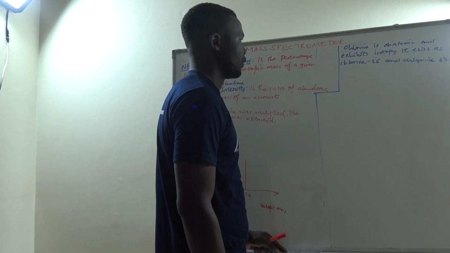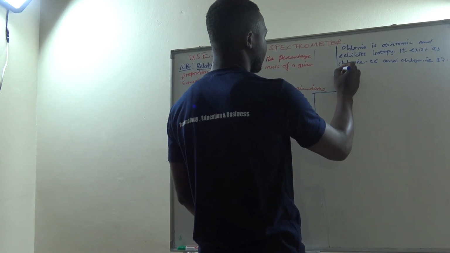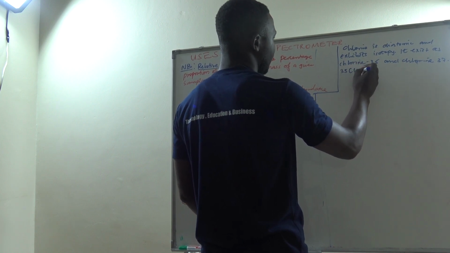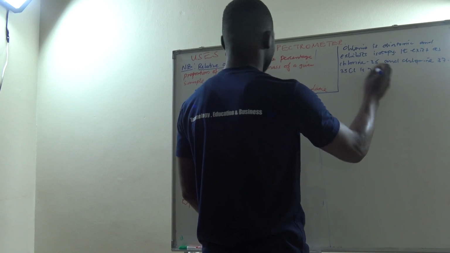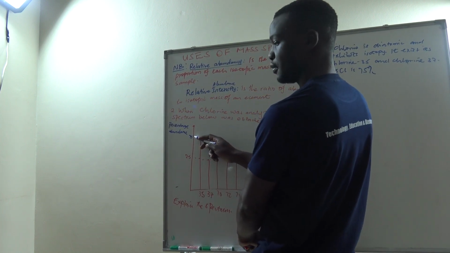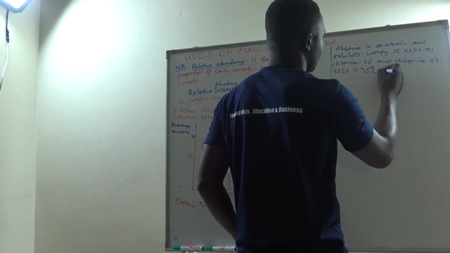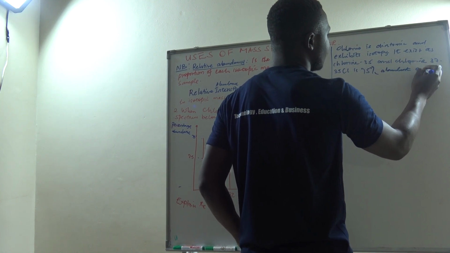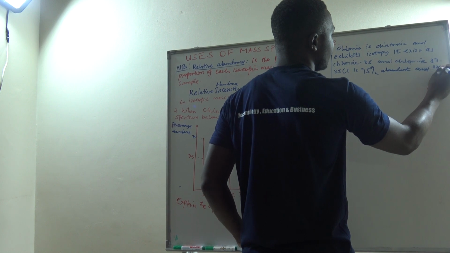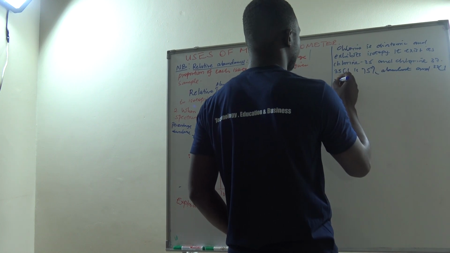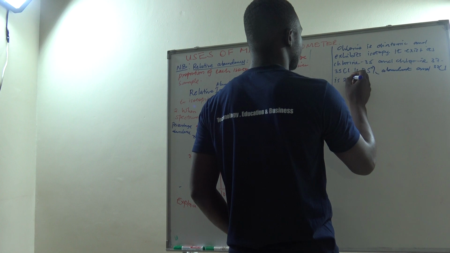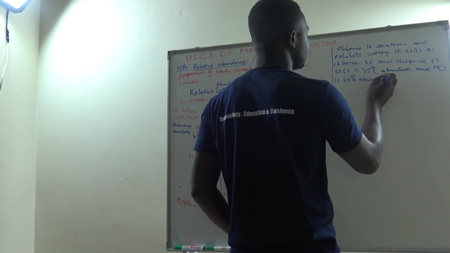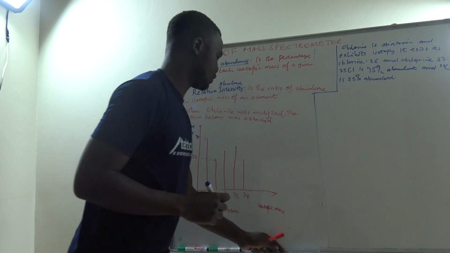Okay? And then chlorine 35 is 75% abundant, and chlorine 37 is 25% abundant. Good.